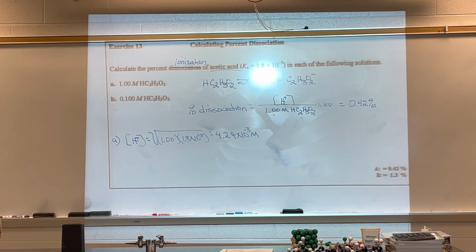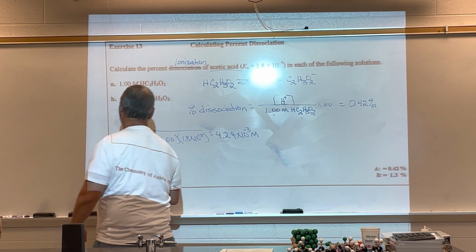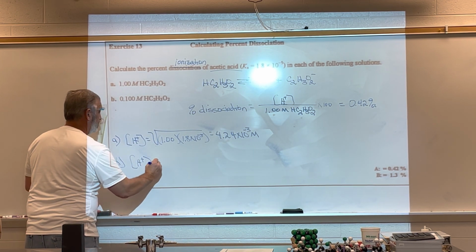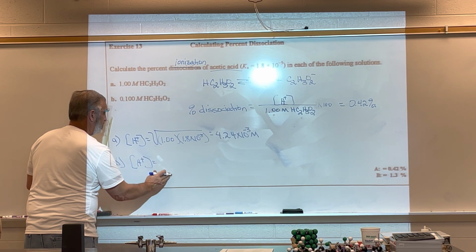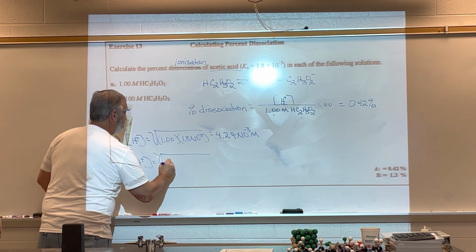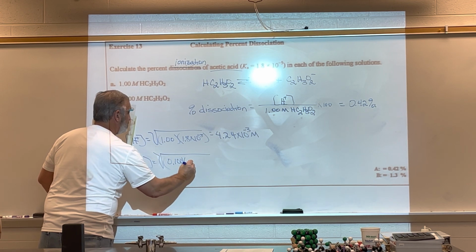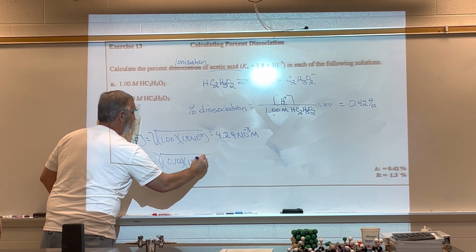But if we do the same thing on B, square root, 0.1 times 1.8 times 10 to the minus 5.